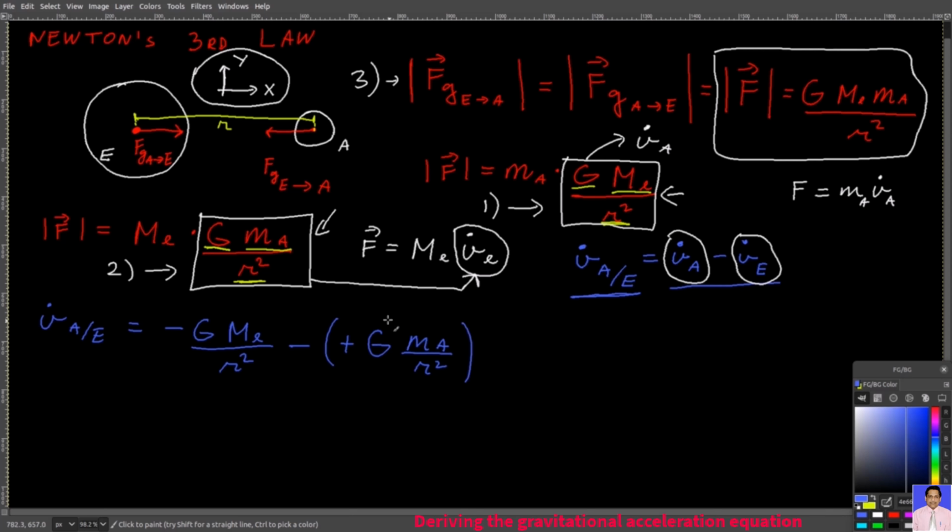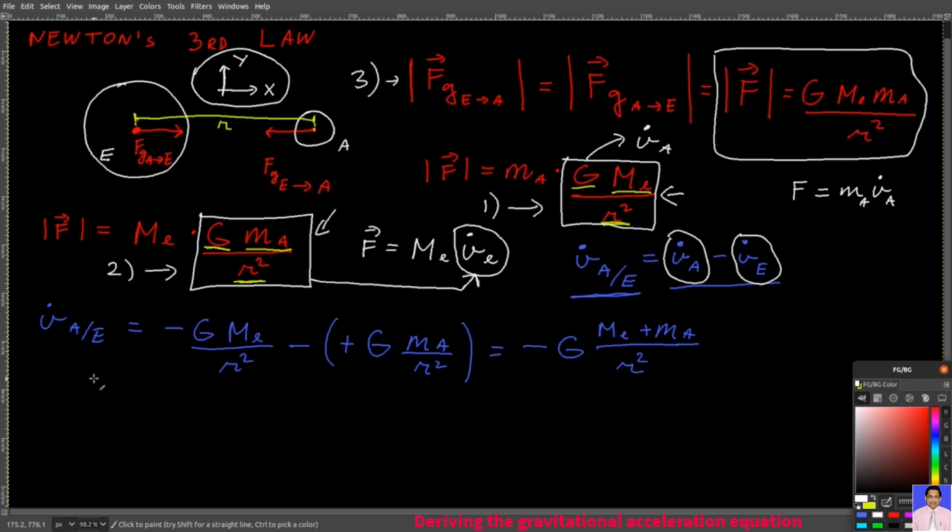So that's the acceleration of the Earth with respect to the inertia frame. And it's positive because it accelerates in the positive inertial x direction. And then of course we can simply rewrite it like this, minus G, and then you can put r squared here, and here you will have mass E plus mass A.